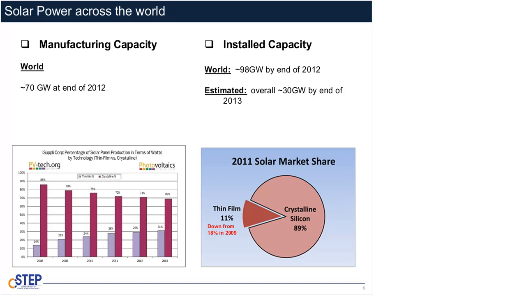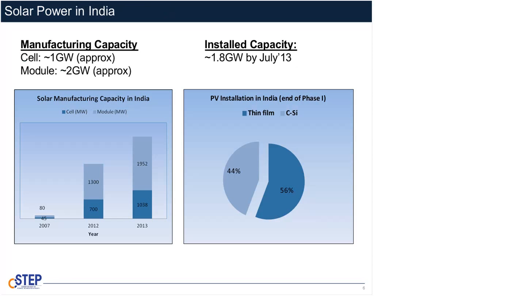If we compare the same picture for India, let us see in the next slide. On the left-hand side, the manufacturing capacity in India for cells is 1 gigawatt and for modules is 2 gigawatt. The bar graph shows how the manufacturing capacity has increased from 2007 to 2013.